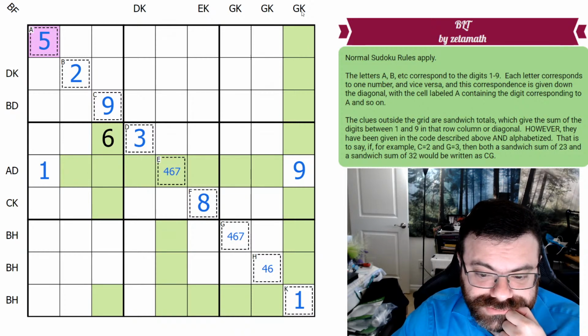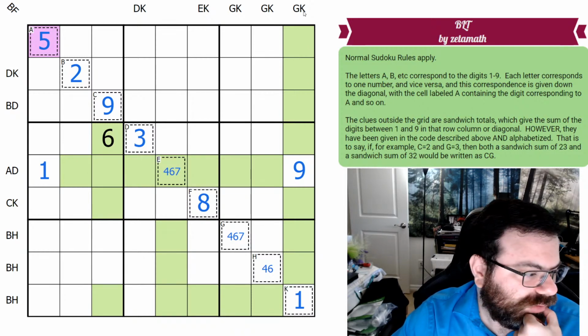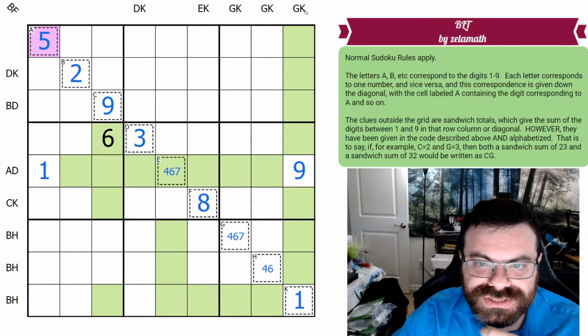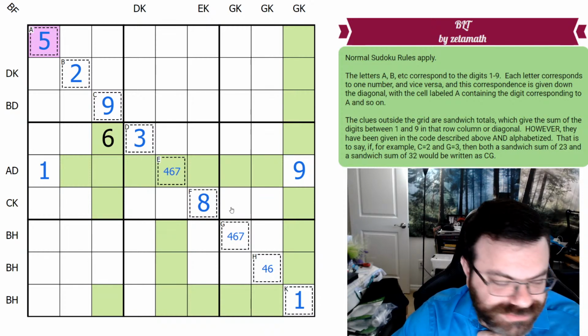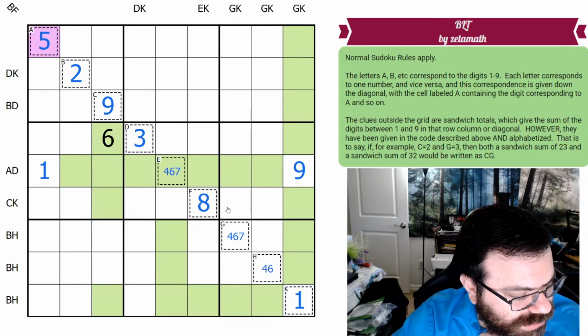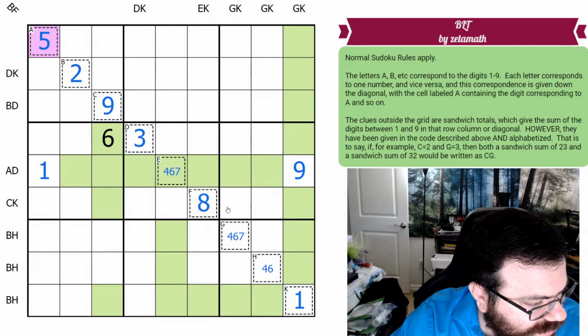Column 9. David, read the rules. These are always in alphabetical order, so you can swap the digits if you need to for the actual number. Row 8, column 3, 4, 5 are green.